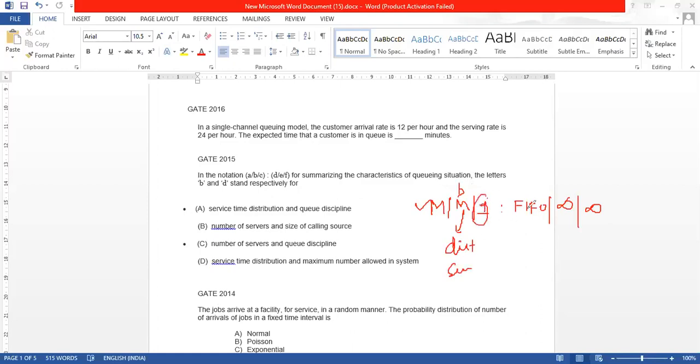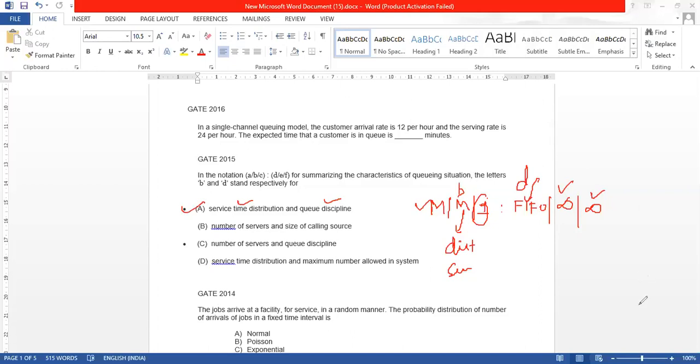C is the number of servers. D is the queue discipline or service order, we can say. So this is D, service time distribution and queue discipline. This is the capacity of the system and this is the capacity of the calling population. So the answer is A.